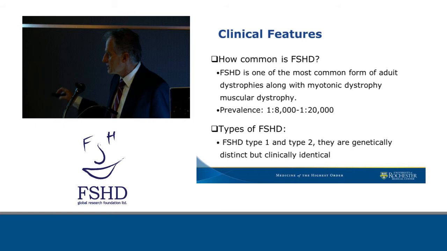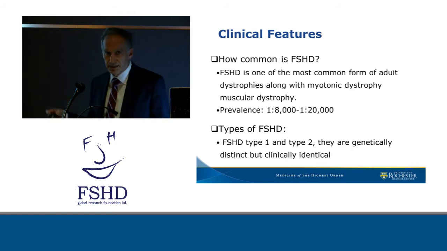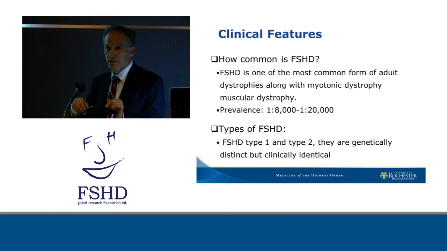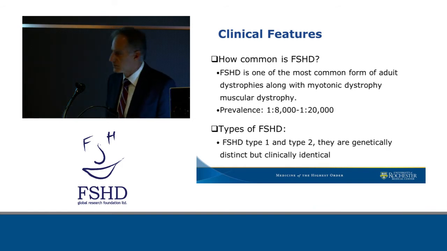I think we now know why they're so identical: even though the gene for most patients with FSHD type 2 is on a different chromosome, the effect of that gene is on chromosome 4 and in the misexpression of the DUX4 gene. So even though the genetics are different, the ultimate mechanism is the same.